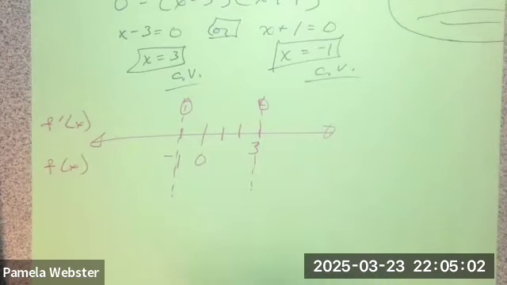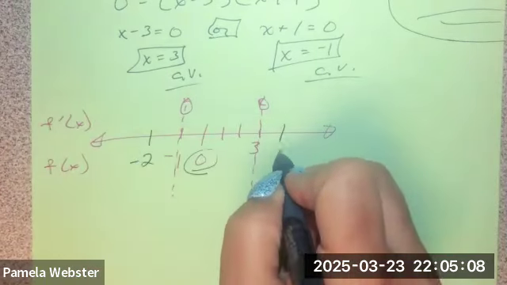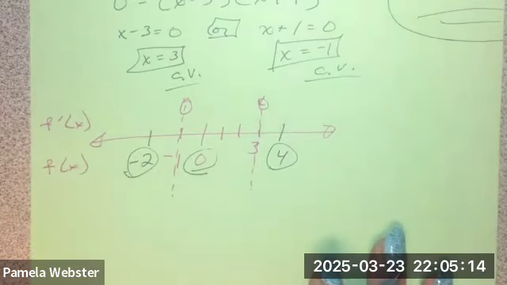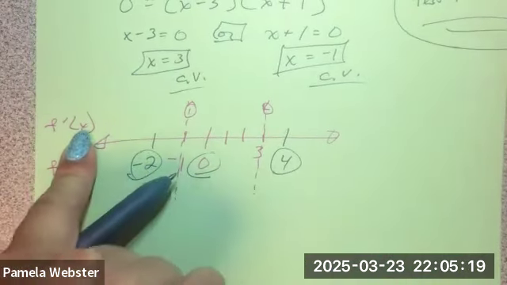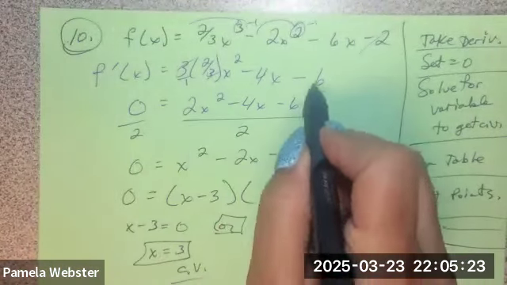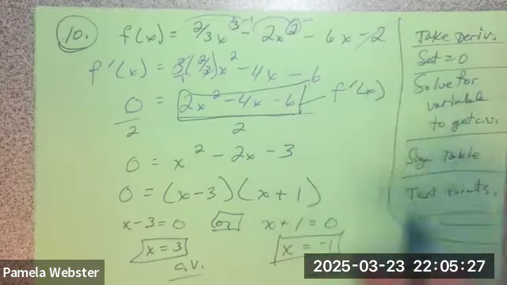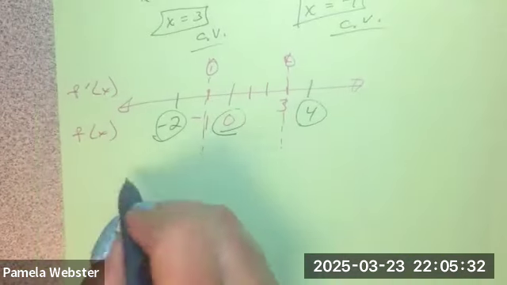And last but not least, I find my test points. I'm going to use 0, I'm going to use negative 2, and I'm going to use 4. Again, you can use any test points you want. I'm going to plug each of them into the first derivative, which we have right here: 2x squared minus 4x minus 6.